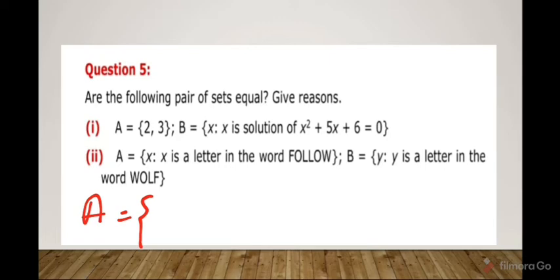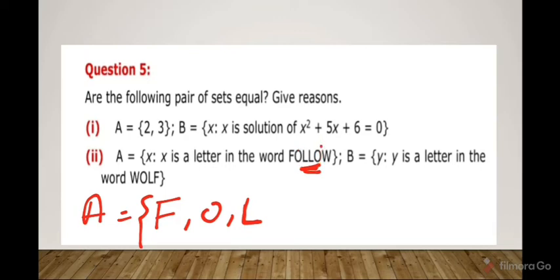The collection will be F, O, L. From this, L will repeat once in this word. We will take one L as the element of A, because in a set you cannot repeat the same element. That's why from this I will take only one L as an element of set A.